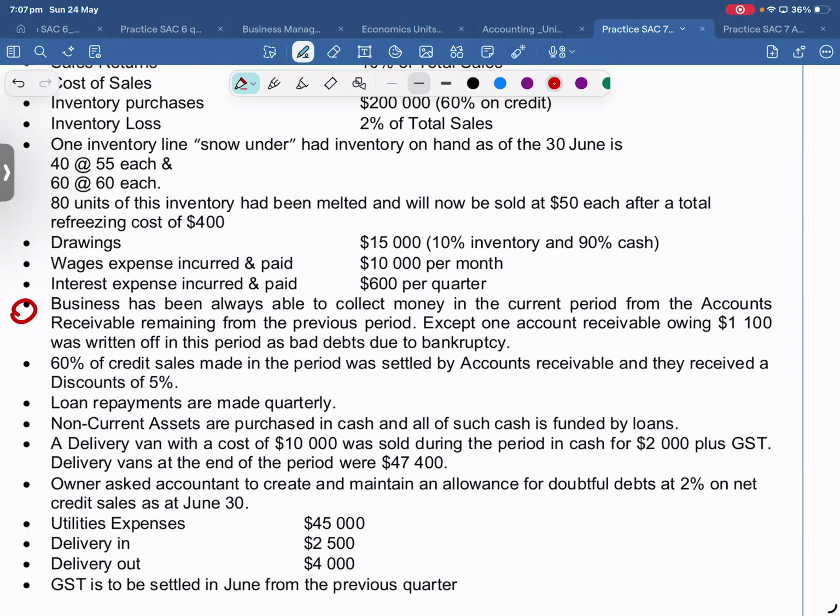Bad debt expense is 1,100? 1,000? No, bad debt expense is not 1,000. Okay, what do you do? What's the double entry for this 1,100, Arvind?